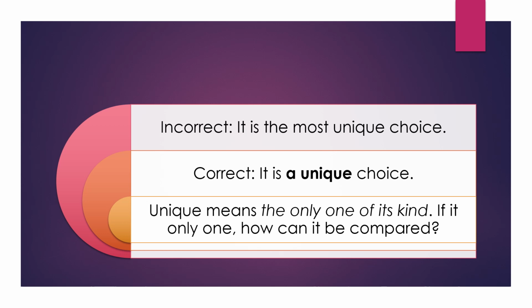Here, because we are only talking of a certain entity, that is only one. With one, it is always a positive degree that will be used. Therefore, the correction we'll be doing is removing this "most" from here and just putting it as a positive degree word. So "it is a unique choice" will be the correct sentence.